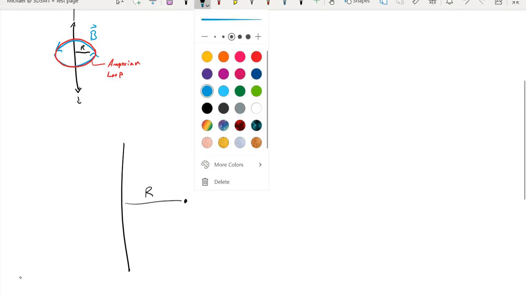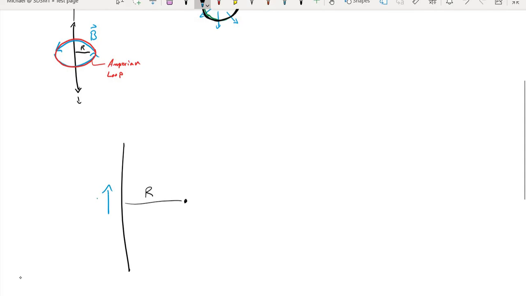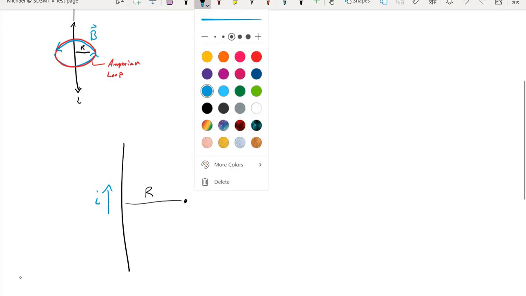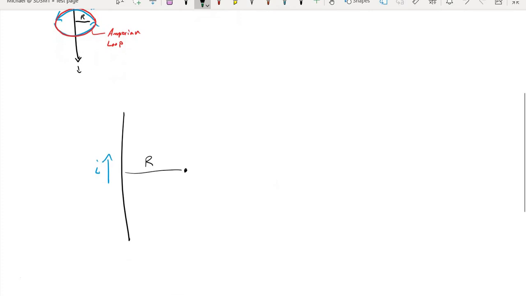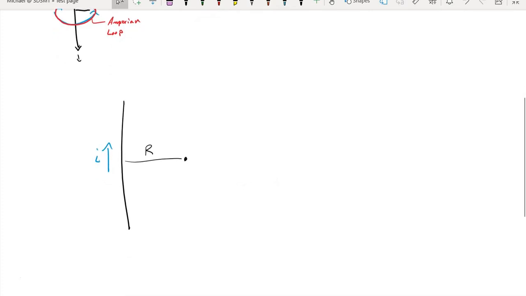So in this case, we have some current that is going to be traveling up the wire. We can use our right-hand rule to help us map out the direction that the magnetic field should be pointing as it goes around this wire. Take your thumb, point it in the direction of the current.